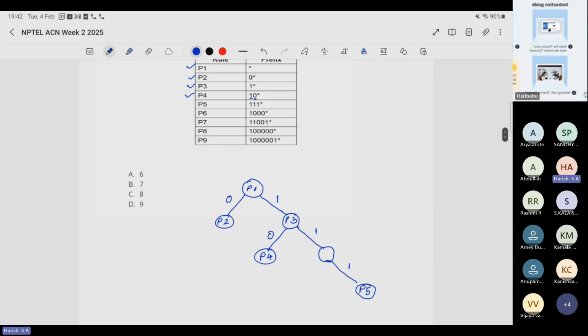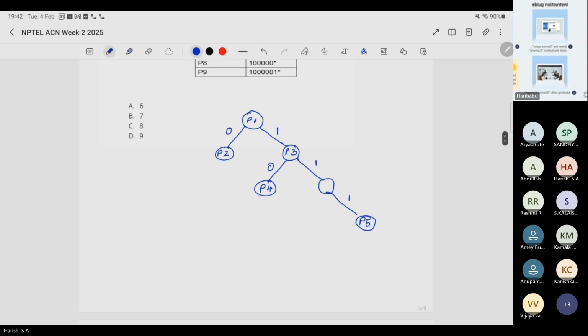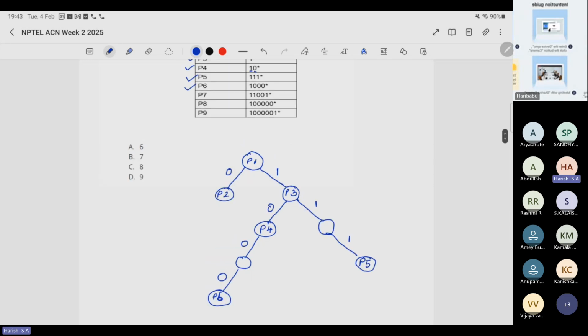The next is P6. P6 is 1000. We can see 1 here, then 0, and then we need to add 2 more zeros. P6 is done.